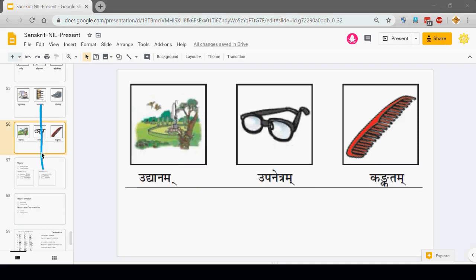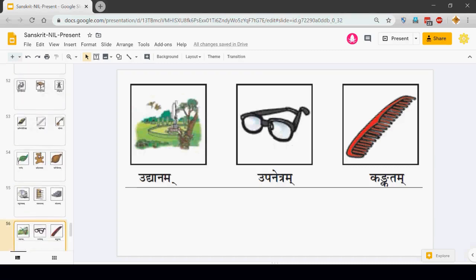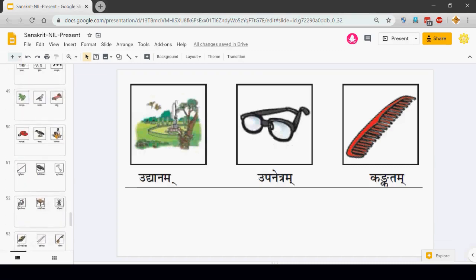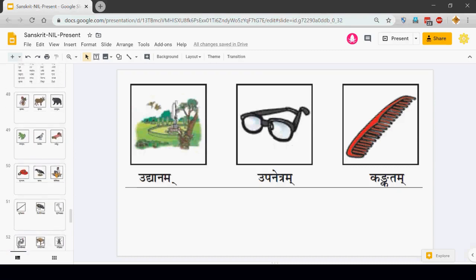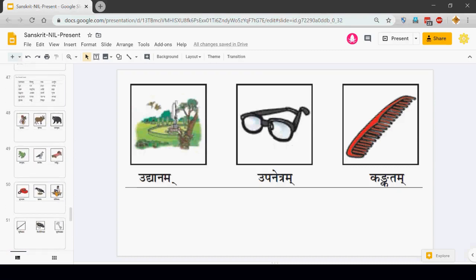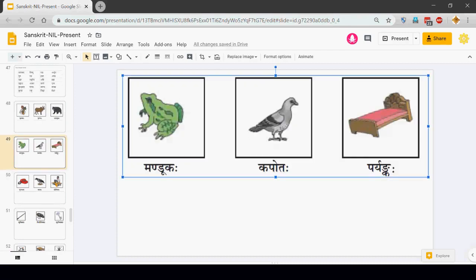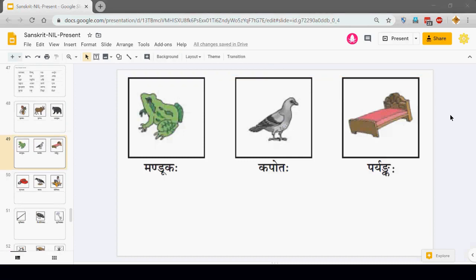For example, let's take this one. The last one here, the last object. What is the last object here? Last object shown here is a bed.